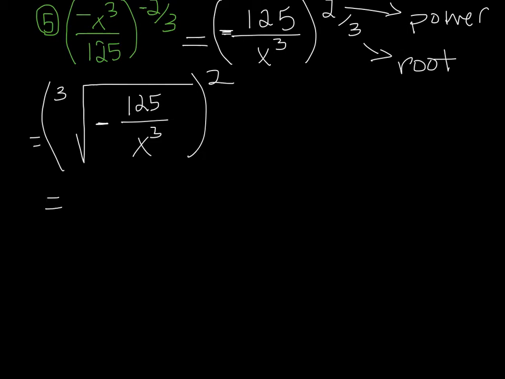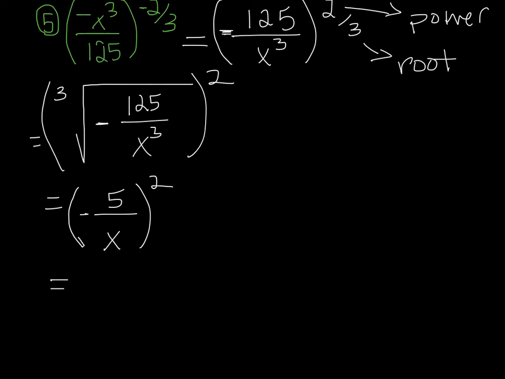Now, you can use the cube root button in your calculator, and the cube root of 125 is 5. And the cube root of x cubed would be x. And the cube root of a negative number would be negative. Now, we're going to take that value, and the last thing we're going to do is we're going to square it.